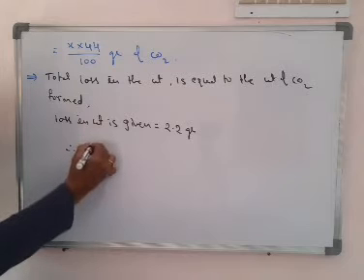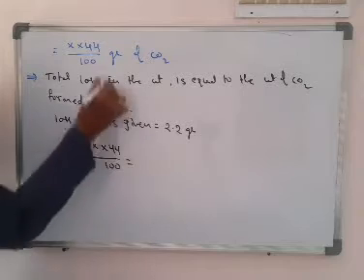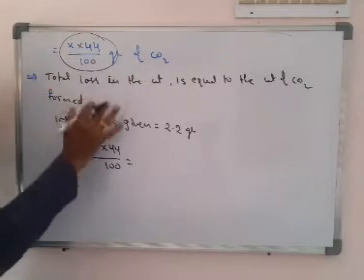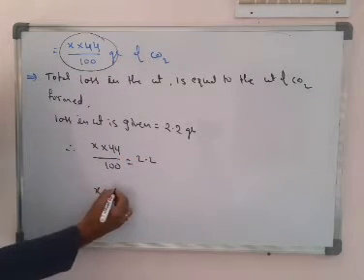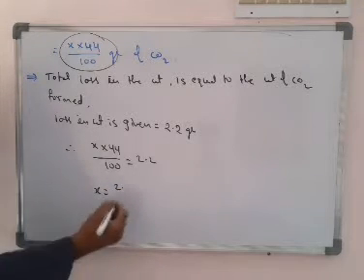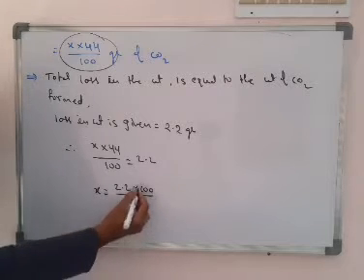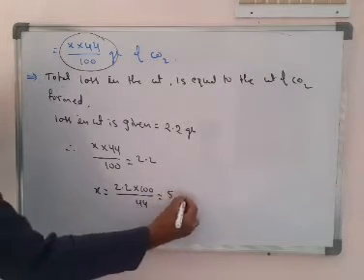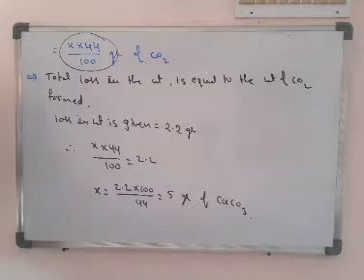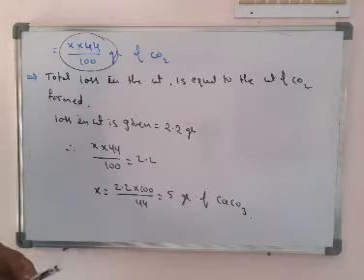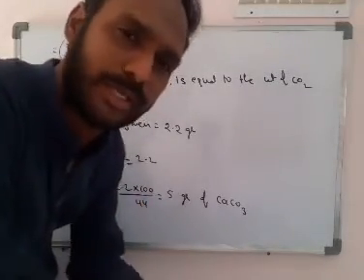So x into 44 by 100, the weight of CO2 formed, is equal to 2.2. Therefore x comes to 5 grams. So X equals 5 grams, which is the weight of calcium carbonate.